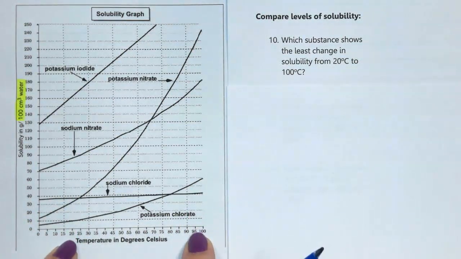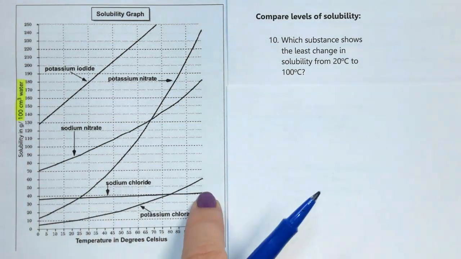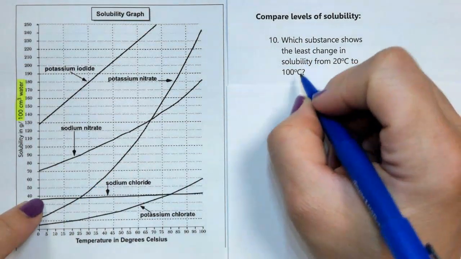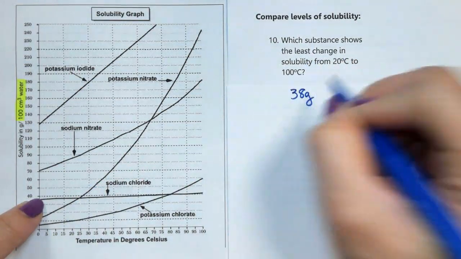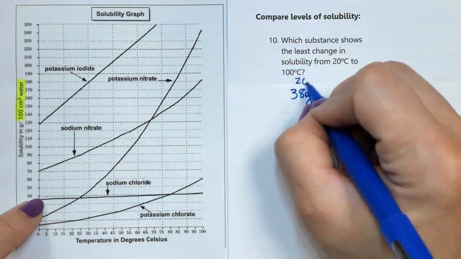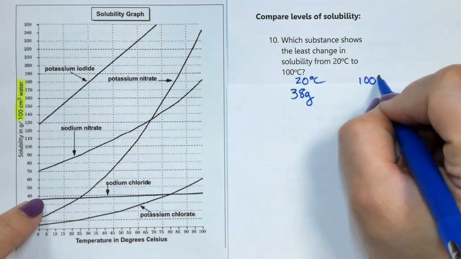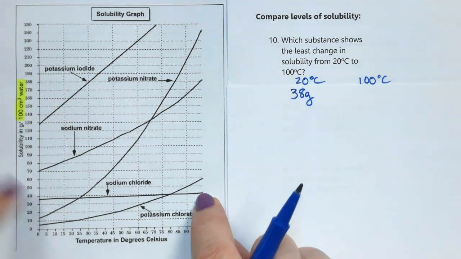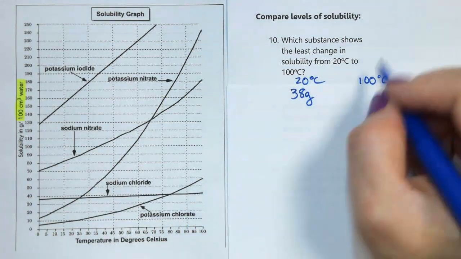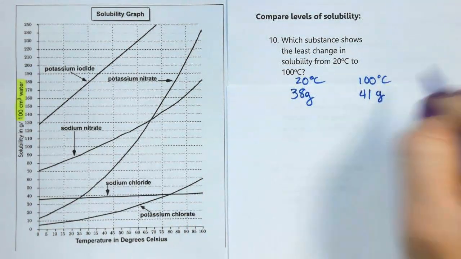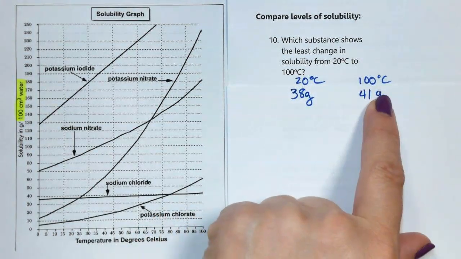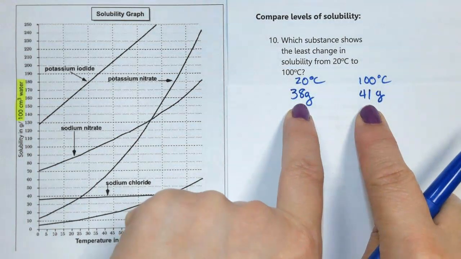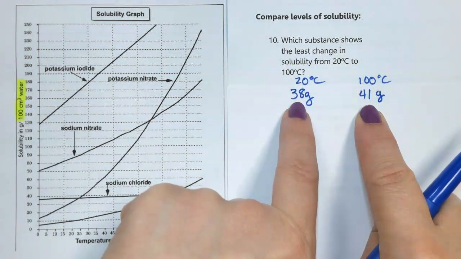So for example, if you look at the sodium chloride, at 20 degrees, we can dissolve about 38 grams versus at 100 degrees, we can dissolve approximately 41 grams. So you can see that even heating up the water by 80 degrees, we can only dissolve about 3 more grams than we could at 20 degrees.